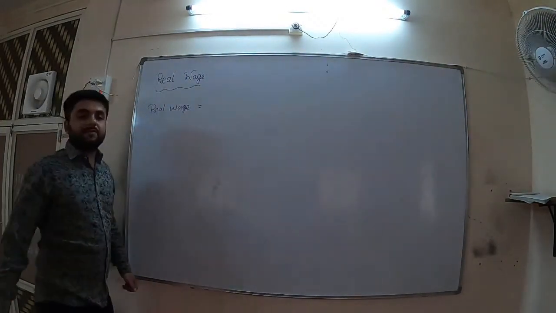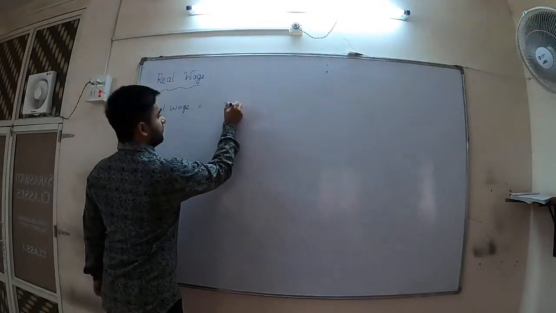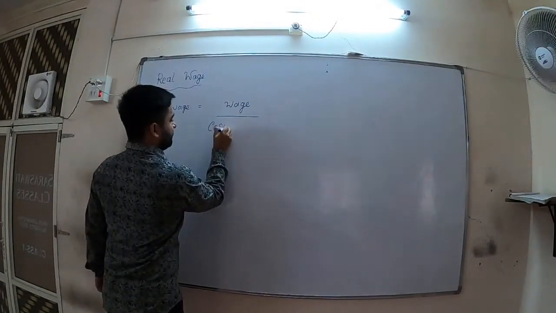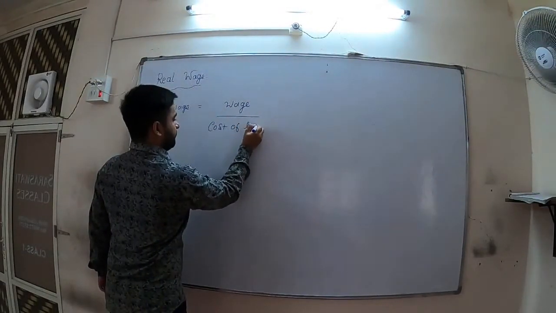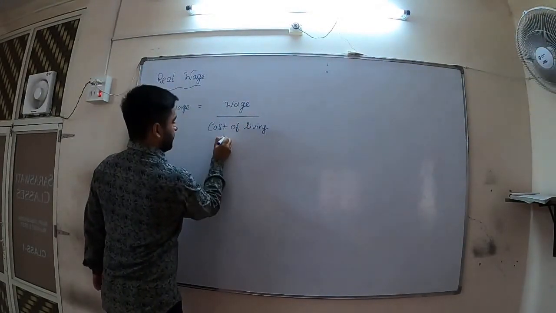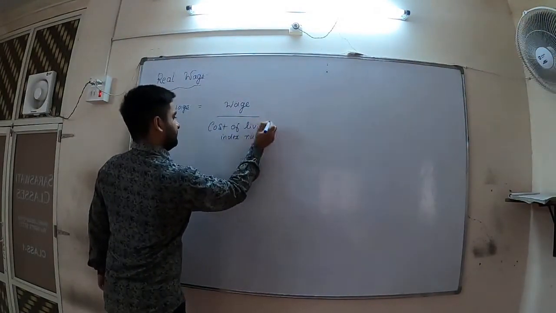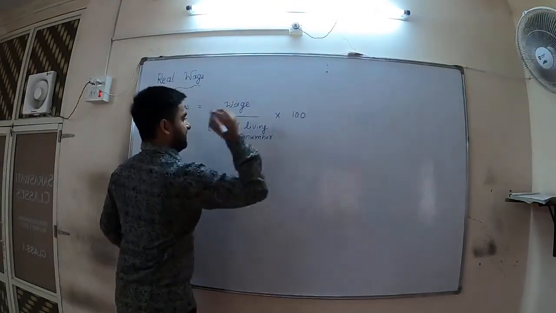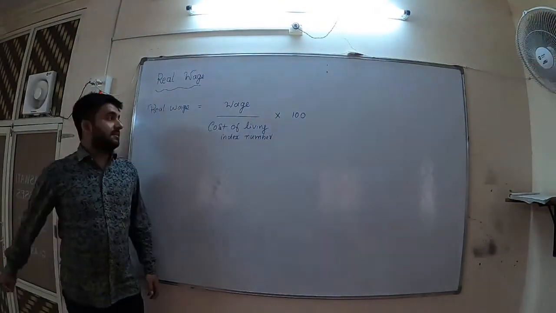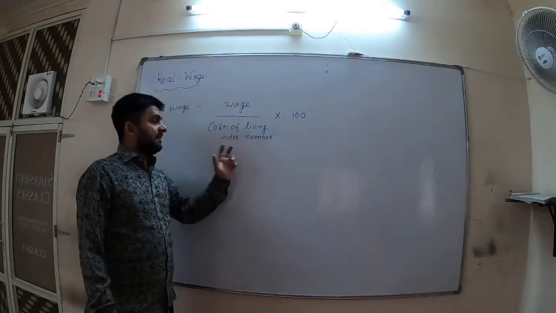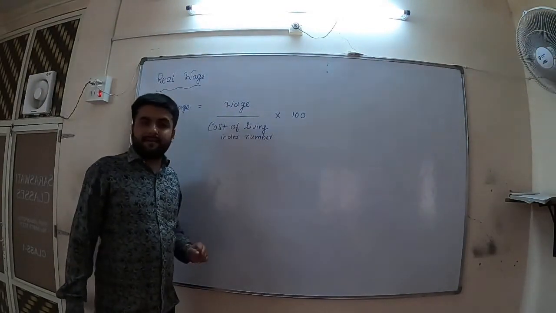Real wage is equal to wage divided by cost of living index number, multiplied by 100. Wage divided by cost of living index number multiply 100.